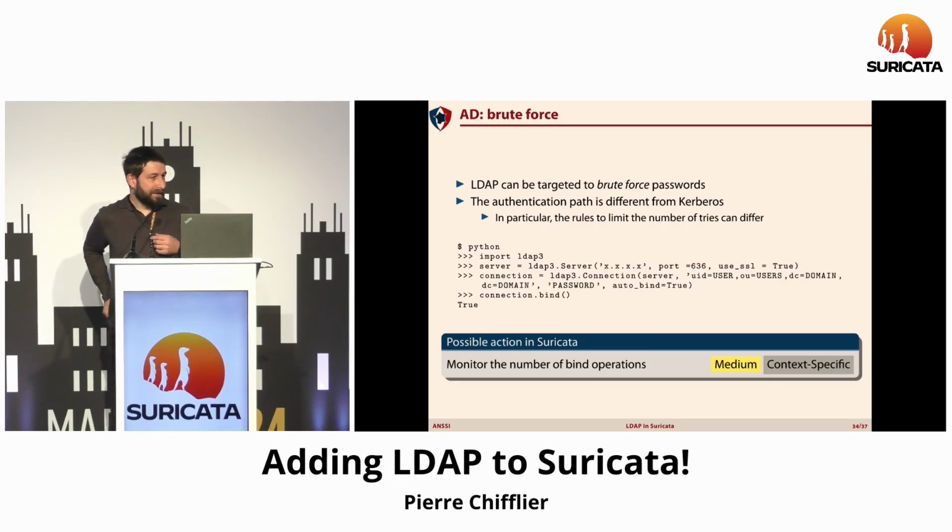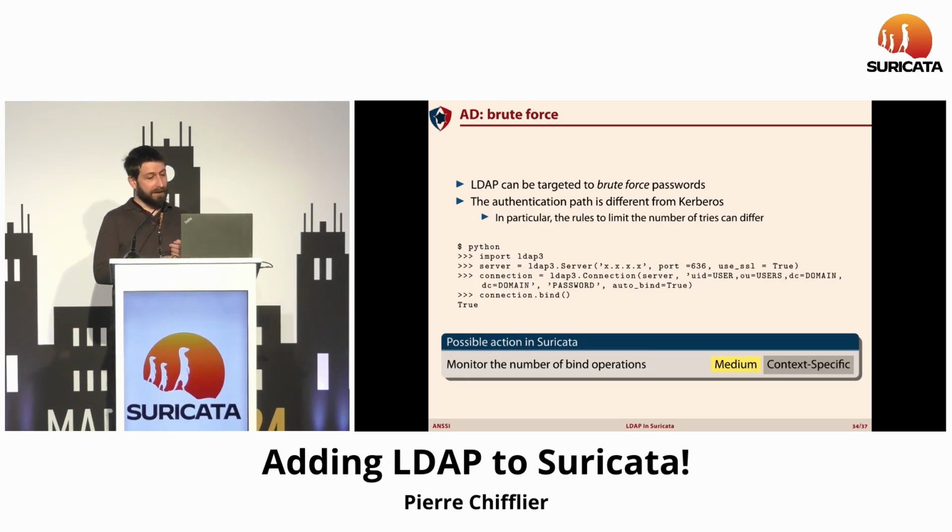Also, the attacker may want to use LDAP to try to brute force passwords, and this is interesting for an attacker because the password rules, and especially the limit on the number of attempts for a password, may be different on Kerberos and LDAP.